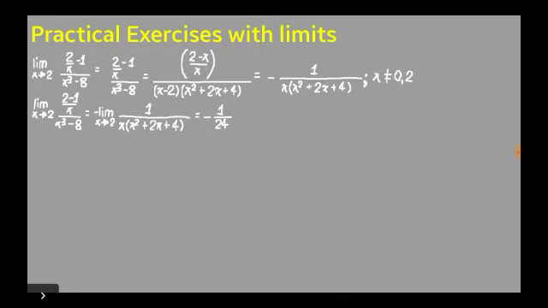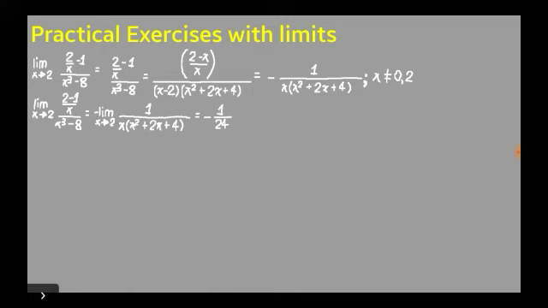Practical exercises with limits. Here, the limit as x tends to 2 of 1 over x minus 1 over x cubed minus 8, which is equal to 2 minus x over x times x minus 2 times x squared plus 2x plus 4.